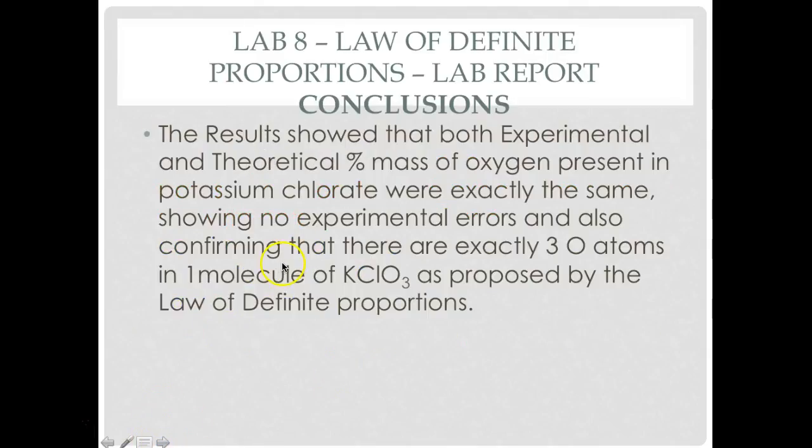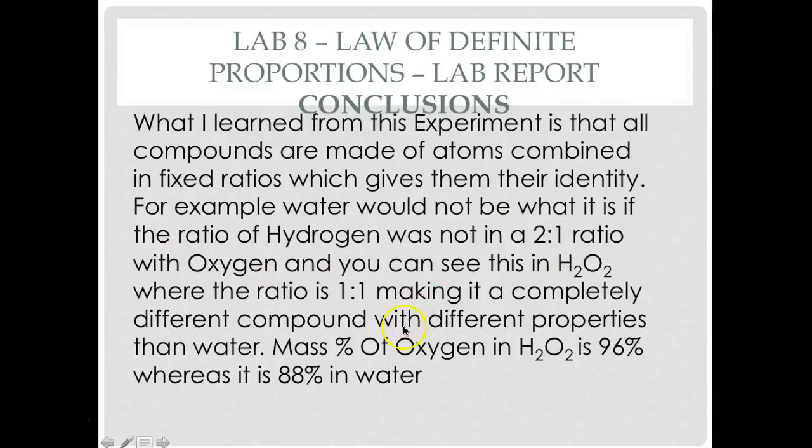So the results showed that both the experimental and theoretical percentage mass of oxygen were exactly the same, all right? And thus my proposed hypothesis is confirmed, showing the law of definite proportion.